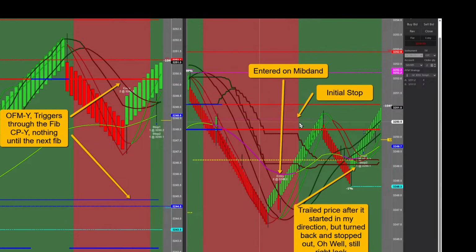It's $200 of risk on this trade. It's a lot of risk, but you accepted it. It's a $400 risk trade.